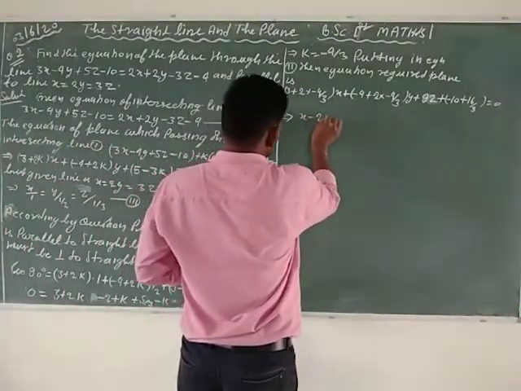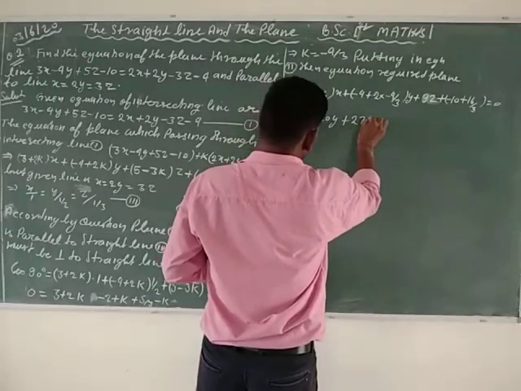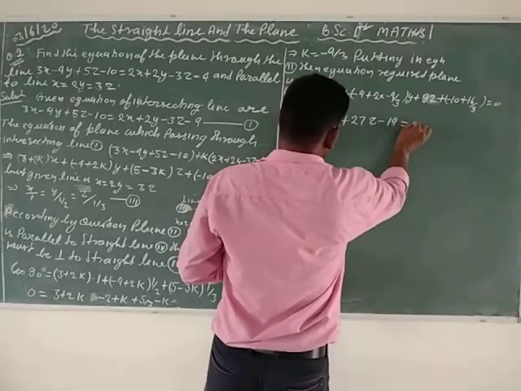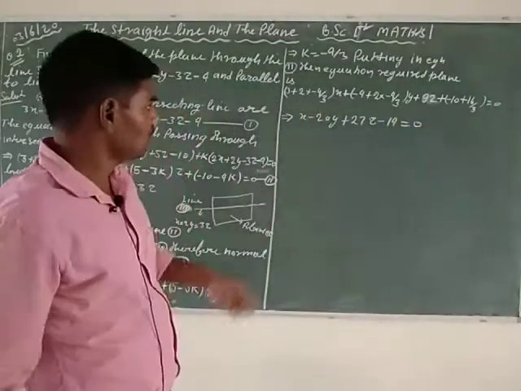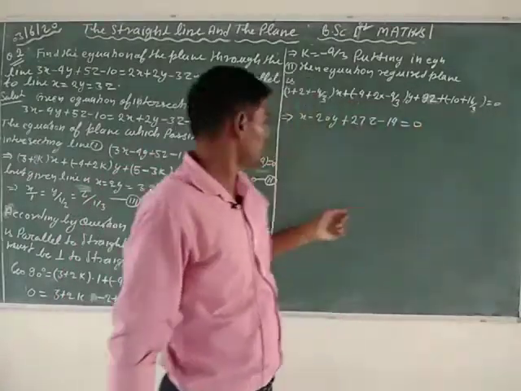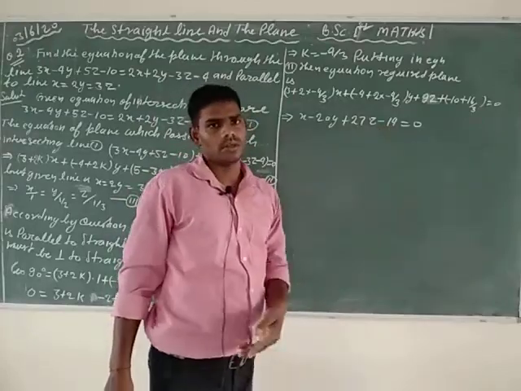Simplifying this equation, the complete equation of the intersecting plane is x minus 20y plus 27z minus 14 is equal to 0.